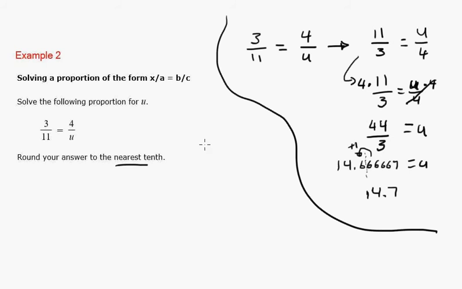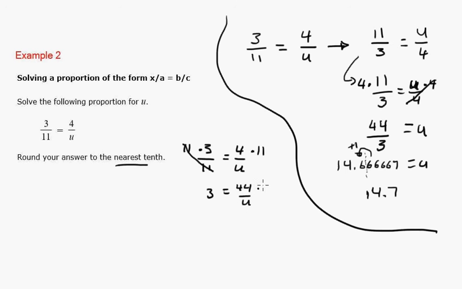Now, there's another way of doing it. If we have 3 over 11 equals 4 over u, I'm going to multiply both sides by 11. I'll do it in steps. Bam, that goes away, and I get 3 equals 44 over u.